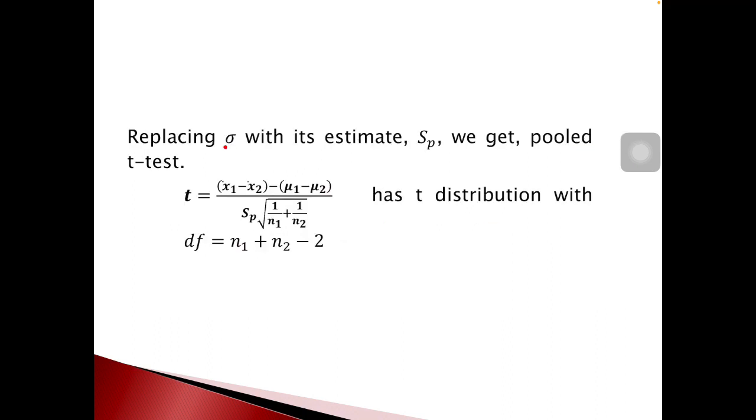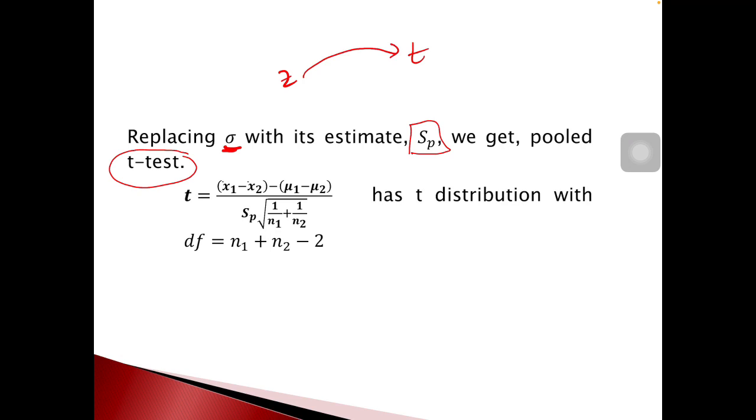Now we can replace sigma with the pooled sample standard deviation. Because we don't know sigma, we have to consider the t-test. In sigma unknown cases, we use the t-test instead of the z-test. So we come back from z to t. Now the test statistic is t.